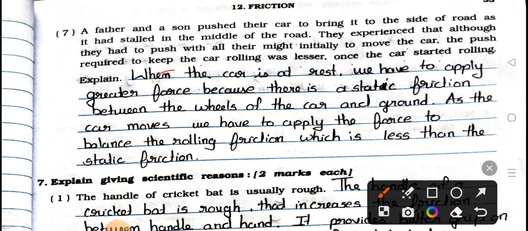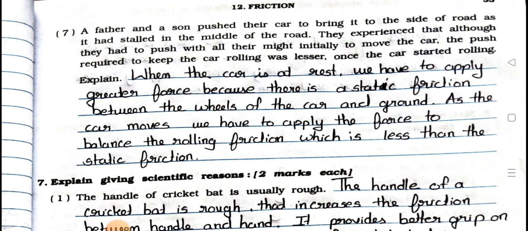Explain. Answer is when the car is at rest, we have to apply greater force because there is a static friction between the wheels of the car and the ground. As the car moves, we have to apply the force to balance the rolling friction, which is less than the static friction. Now we will see the main 7 in the next video, part 3.